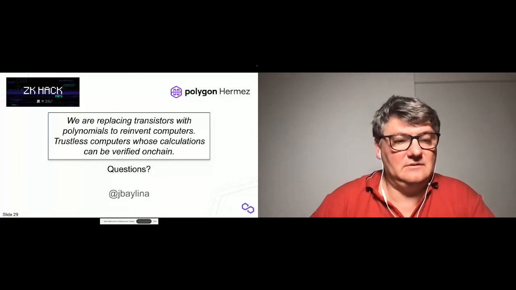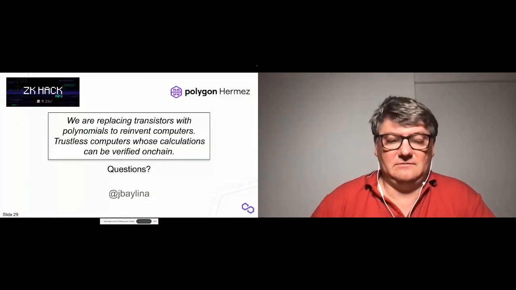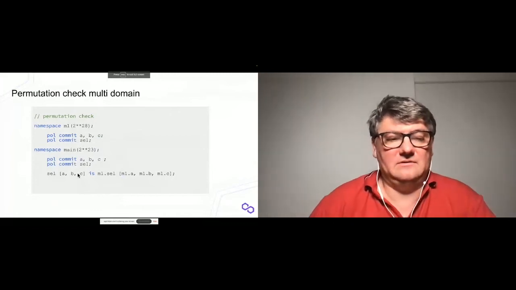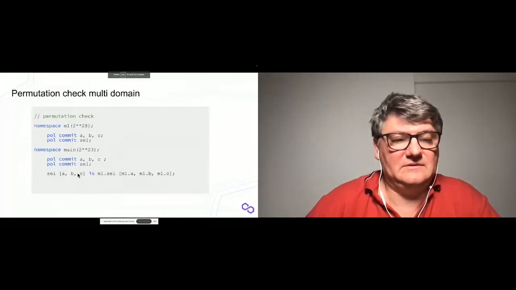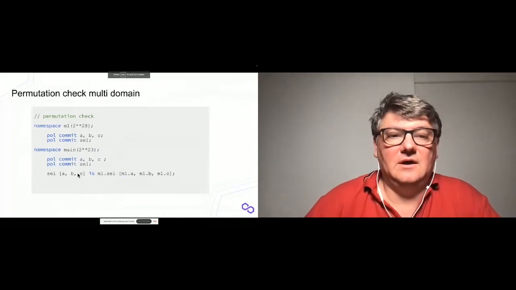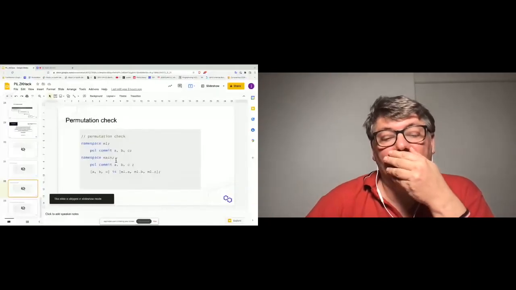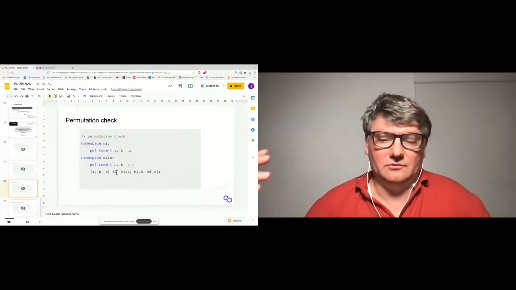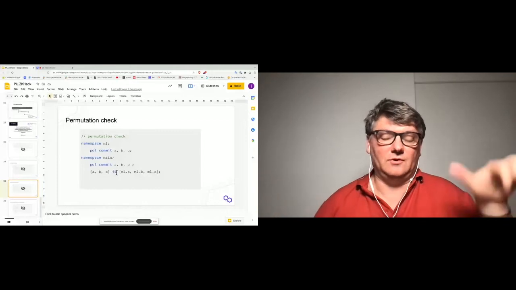And the other thing that I want to mention is permutation checks. Instead of "in", I can have "is". If I don't want to do a full lookup, I just want to do a permutation check.